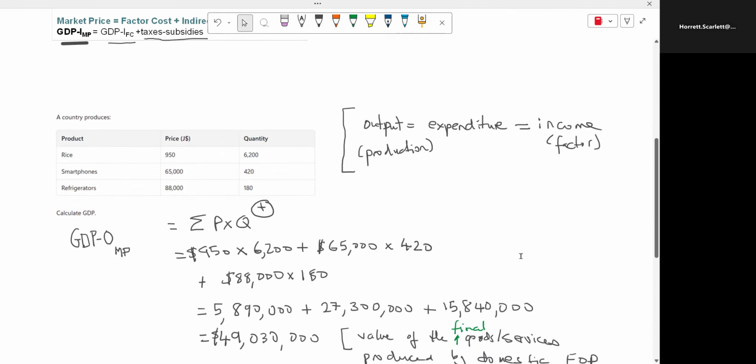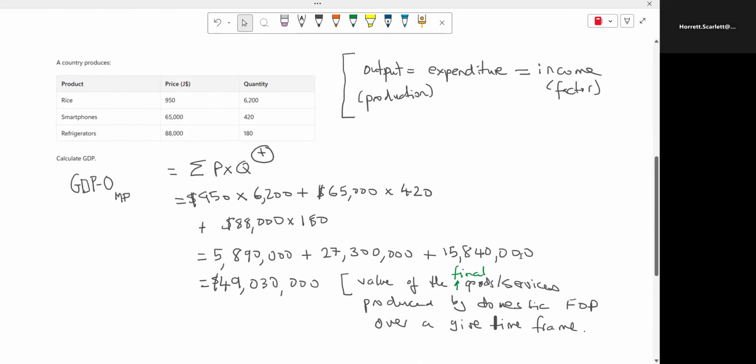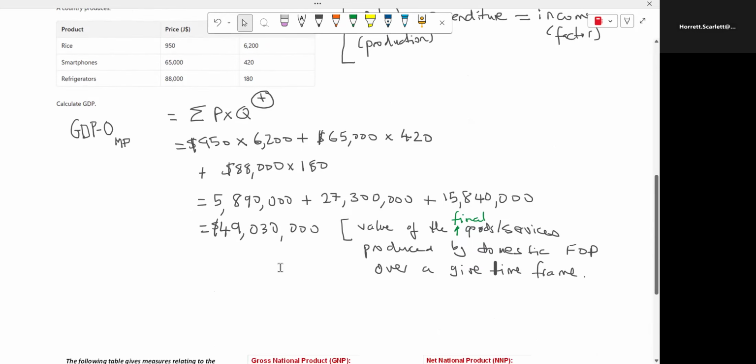We had looked at a quick example where we computed GDP in terms of output, based on the information there. And we came up with a figure that would denote the total production within the economy based on the data that we have.